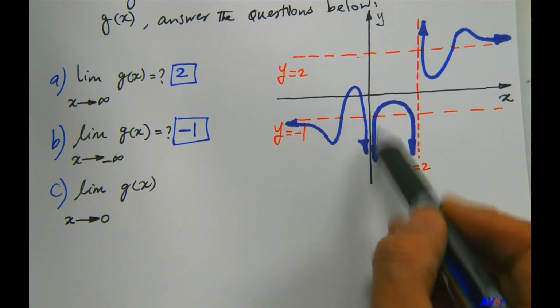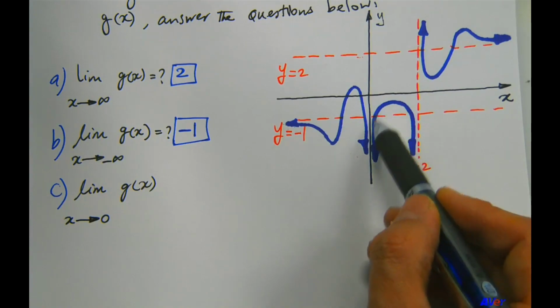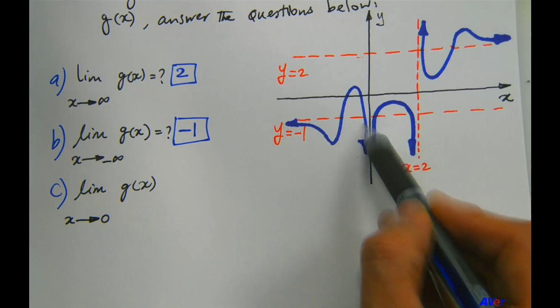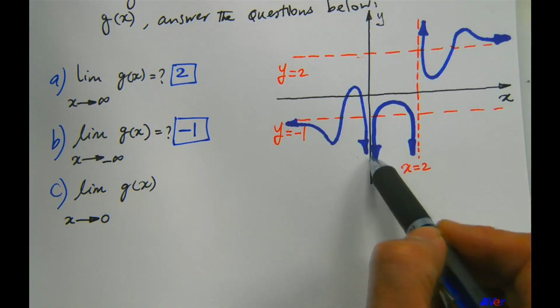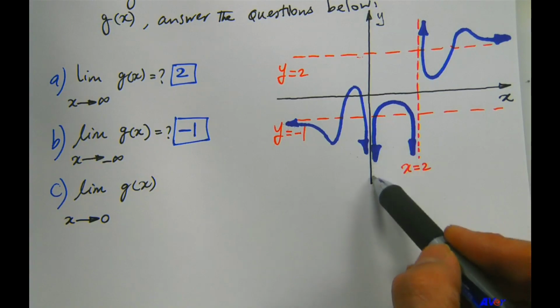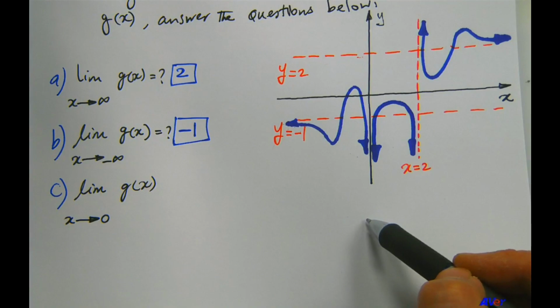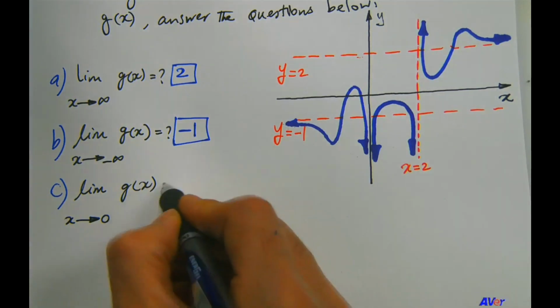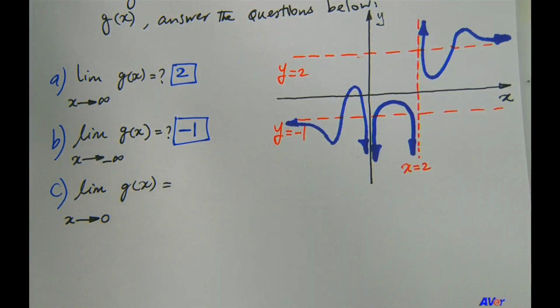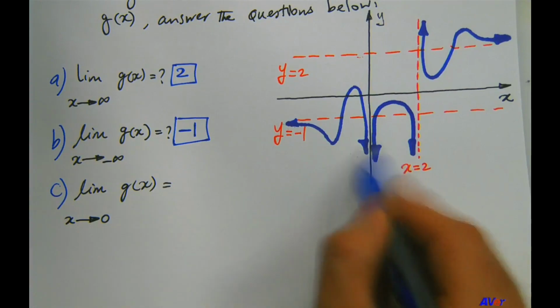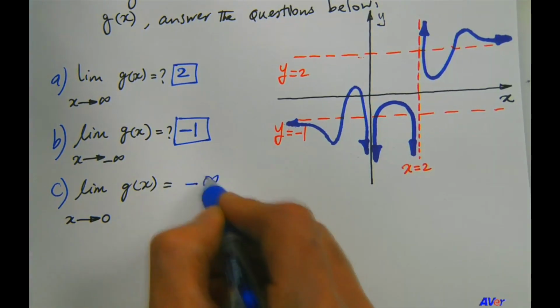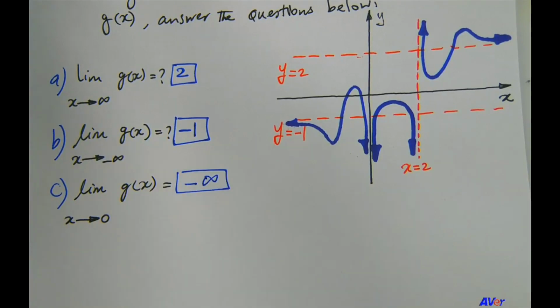On both sides, in fact, as x approaches 0 from right and left, the function gets smaller and smaller and smaller in the negative direction. So we have the function value approaches negative, as you can see here, negative infinity. Okay, like that.